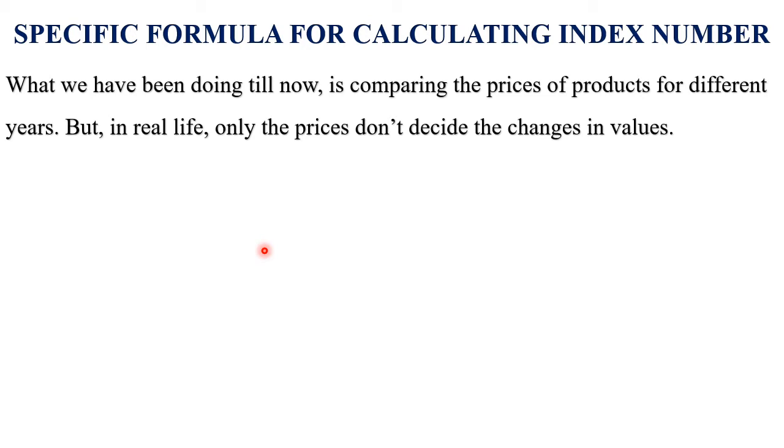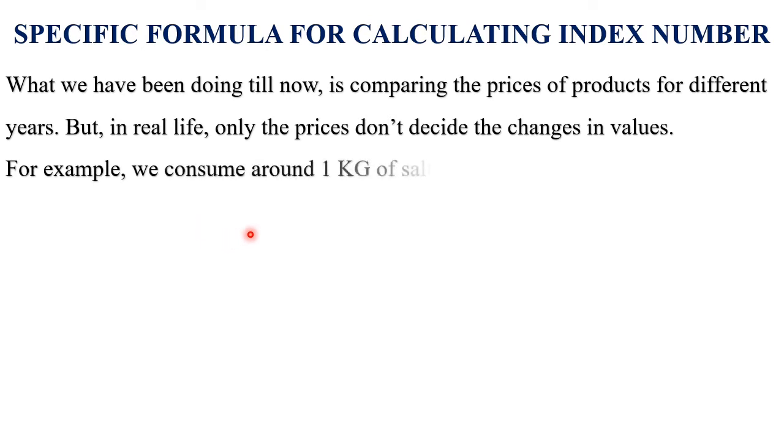For example, if I don't like diamonds, I don't care whether diamonds increase or decrease in price. But if I very much like eating rice, then if the prices of rice increase or decrease, that makes a huge difference.